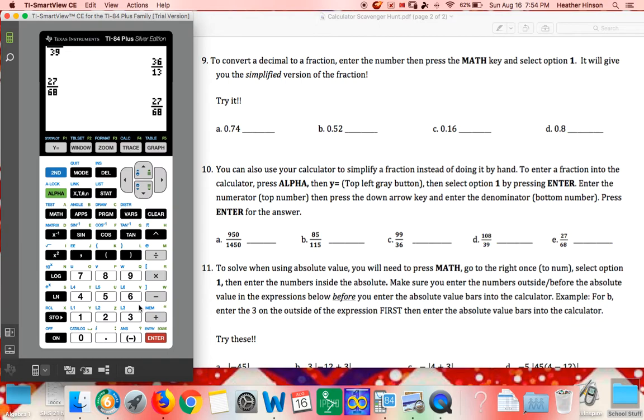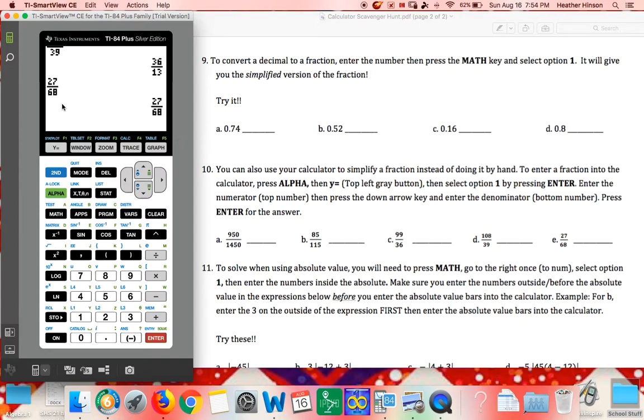If your calculator can't simplify it and it gives you the same exact answer, that means this is 100% reduced, 100% simplified, and there is nothing else that you have to do to this problem. That's just the answer. It will always simplify your work for you. It's never going to leave something unsimplified.